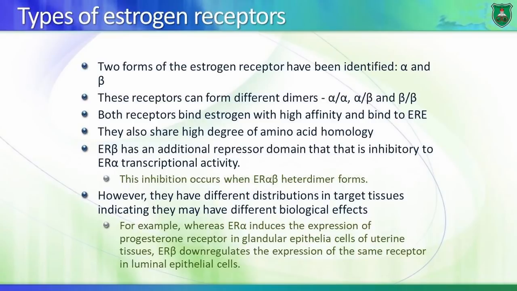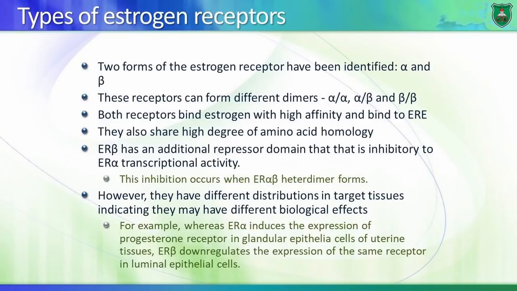Now, these receptors, the alpha and the beta, have different effects or outcomes. In some cases, the estrogen receptor beta is actually inhibitory of the alpha estrogen receptor. So when you have the formation of the alpha and beta heterodimer, it is actually an inhibitor of gene expression rather than an activator of gene expression.